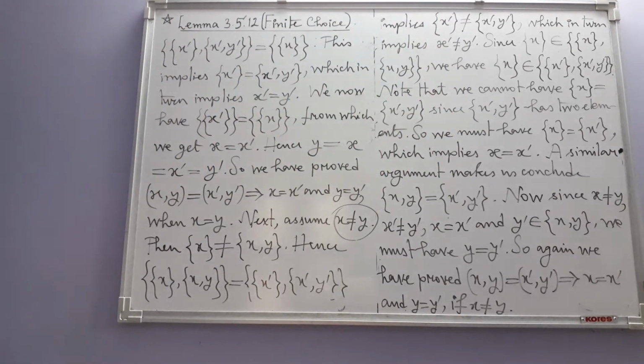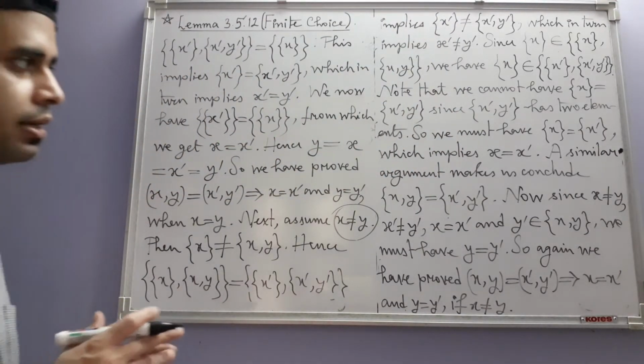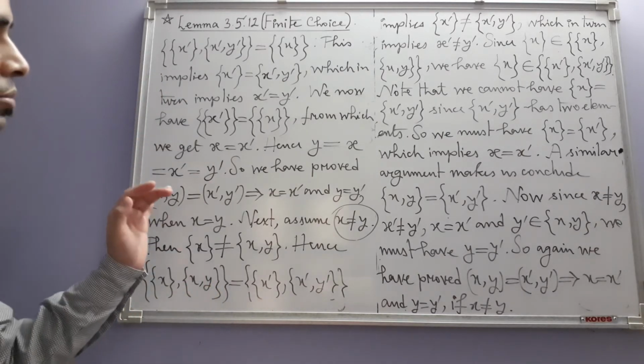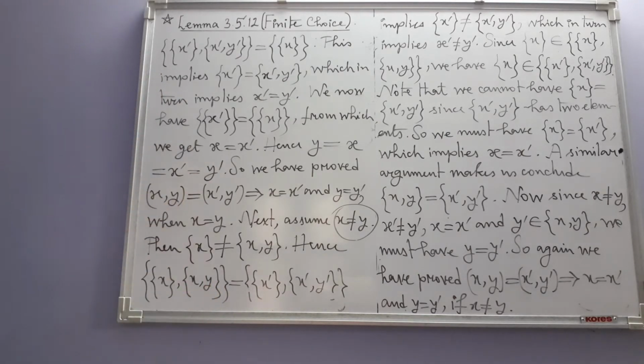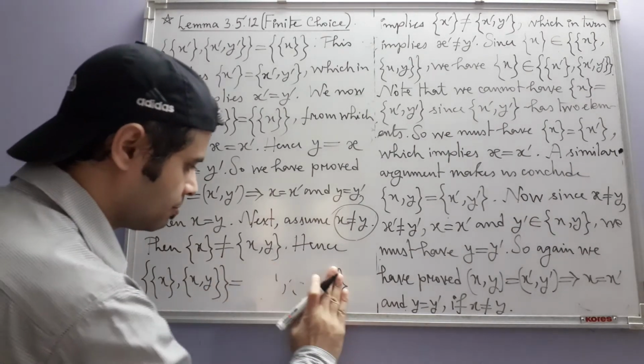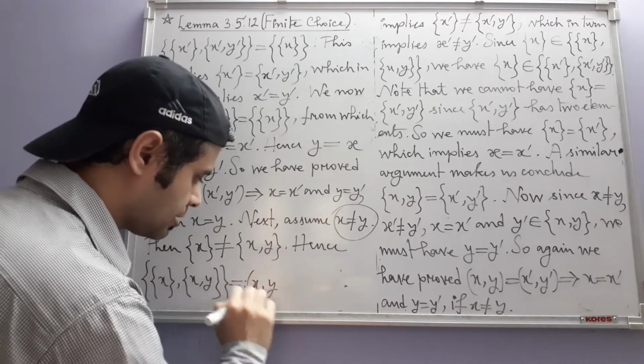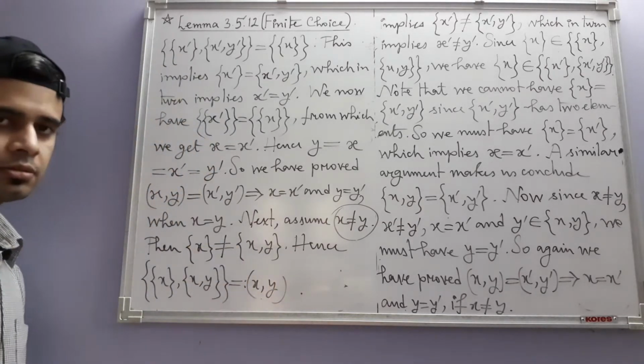So 3.5 has been proved in its entirety, and that's why we can use this definition of an ordered pair as a legitimate definition.